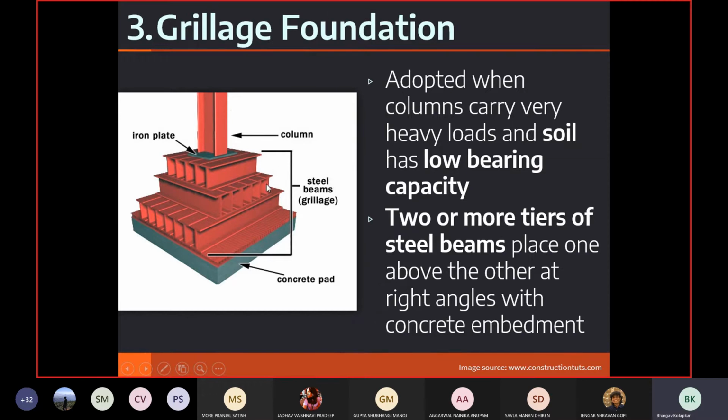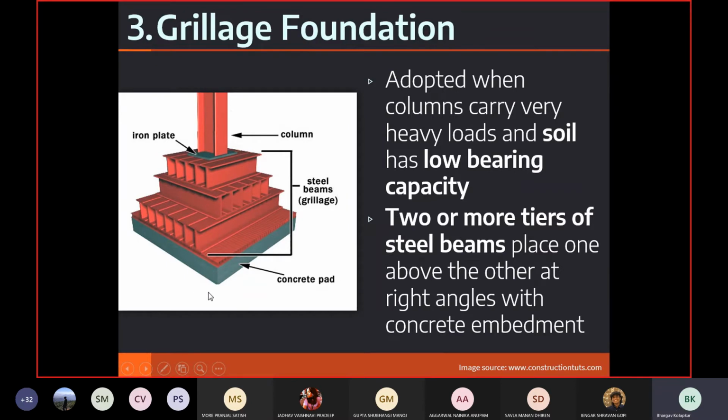Grillage Foundation principally consists of sets of beams which are placed over each other in the perpendicular direction. Firstly, we level the soil.